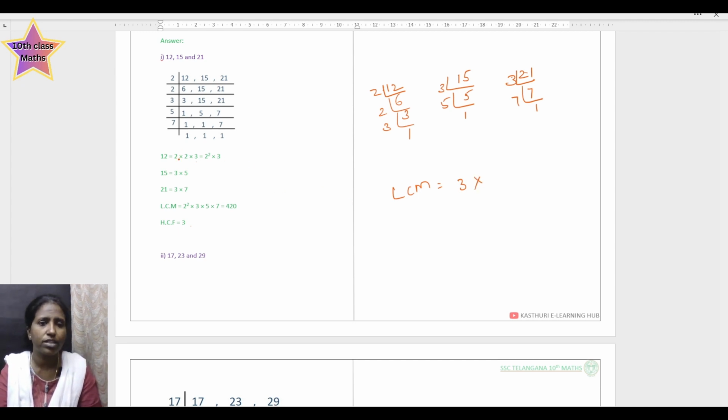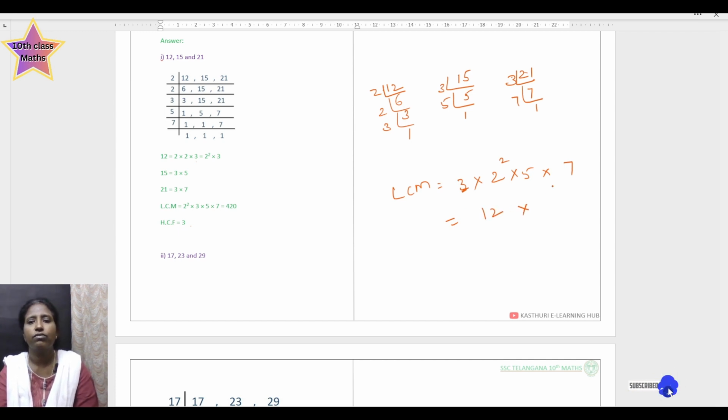After that, what is remaining? 2 square into 5 into 7. First write the common one, then write whatever is remaining. So you can write it as 3 into 4, 12, into 5 into 7, 35, which is nothing but 420. That is the way you have to write.